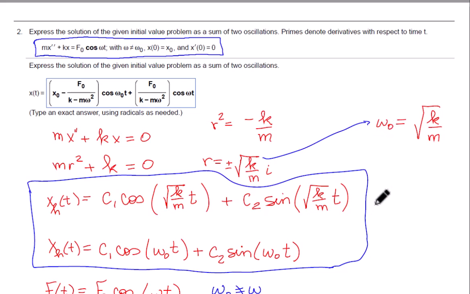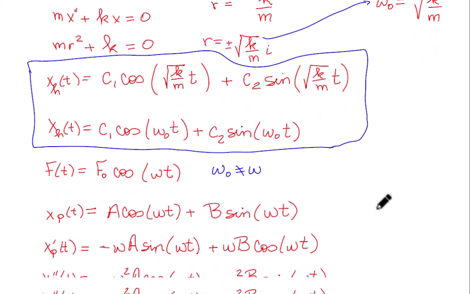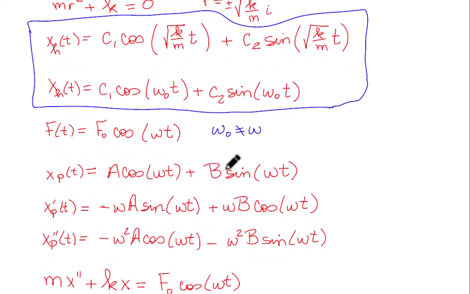All right, so my homogeneous answer looks like C1 cosine omega naught t and C2 sine omega naught t. So I get into the game my driving function, but remember, they don't match. The omega is different from omega naught. So my initial guess is a sum of a sine and a cosine.